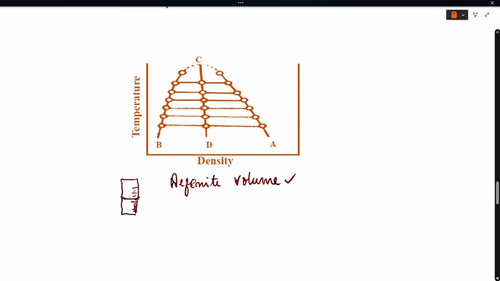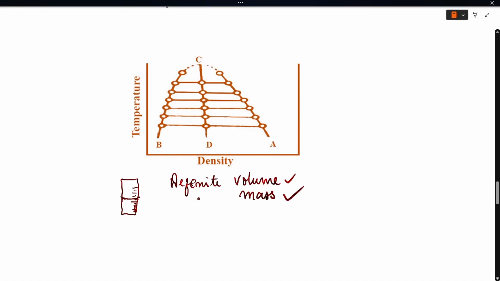Sorry, not volume, or let it be volume also, it's okay, and mass. The mass is fixed, but volume may change, so no need to mention a definite volume. You will take a definite mass of a liquid in this graduated tube.